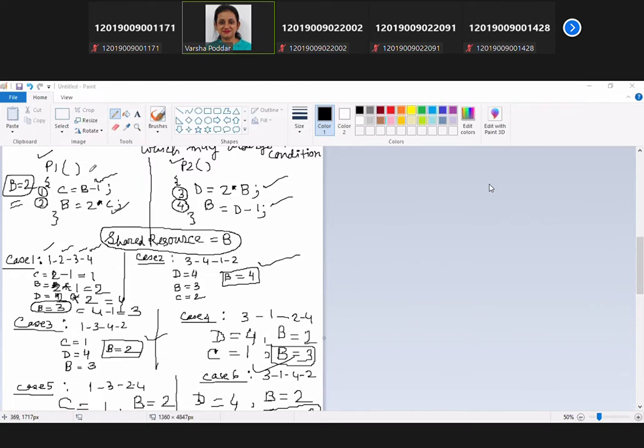Race condition means suppose 1, 2, 3, 4 is normal. This is executing at first, then this one. But if I go for 3, 4, 2, 1 is also normal. This is executing first, then this one. But what if I go for 3, 1, 2, 4? Then 3 of this process is executing, then 1 of this process, then 2 of this process, then 4 of this process.